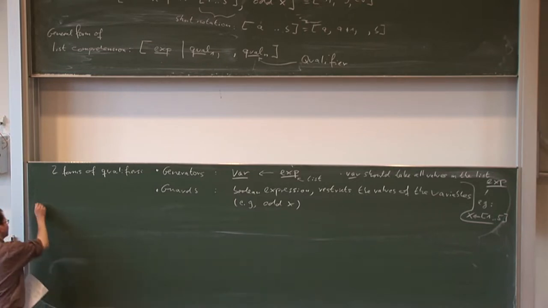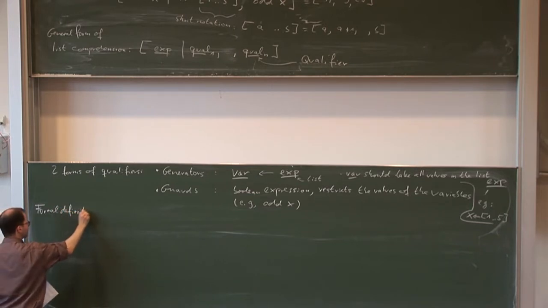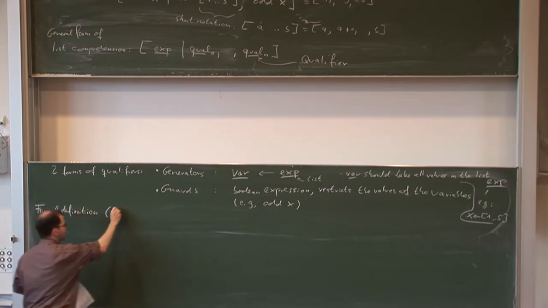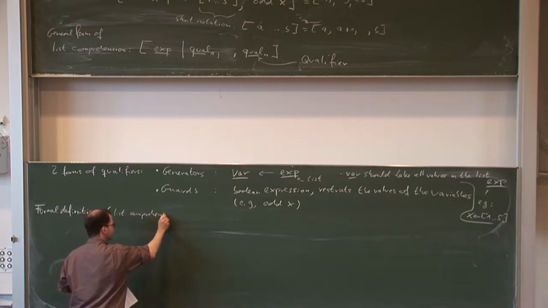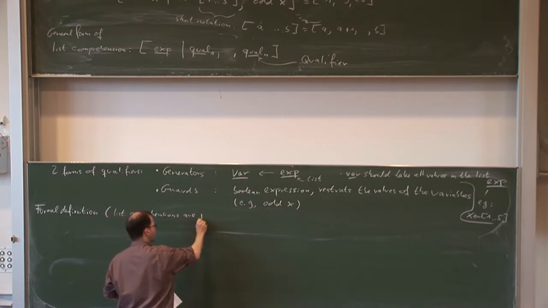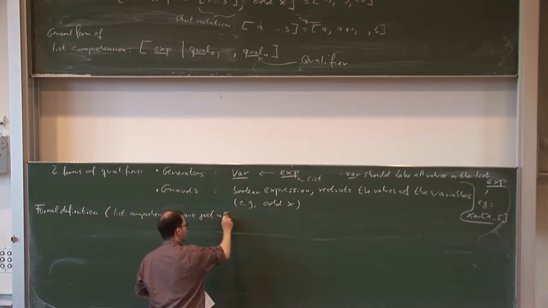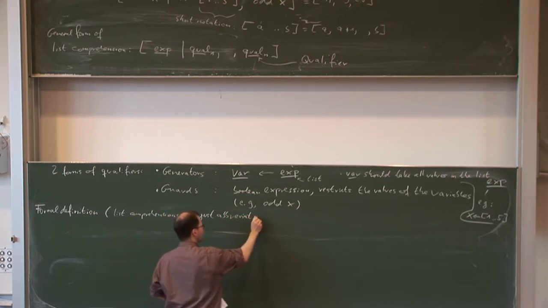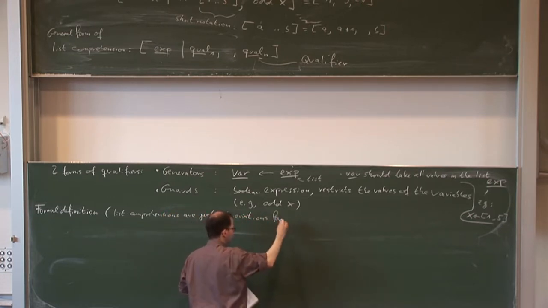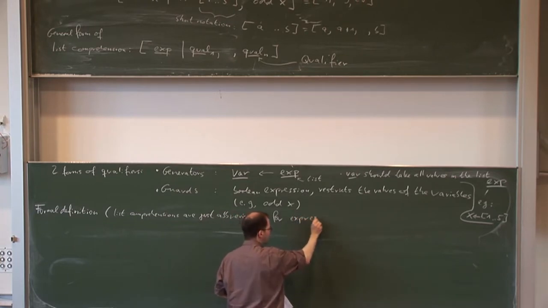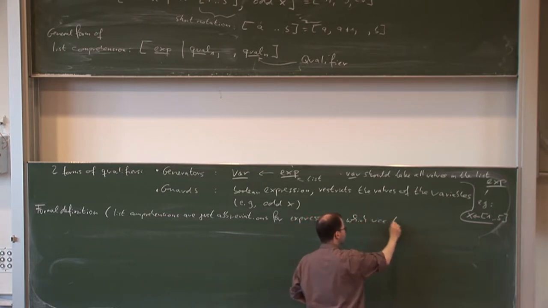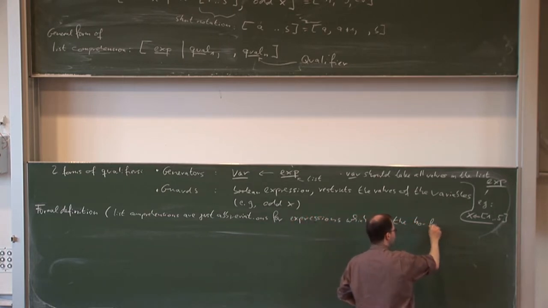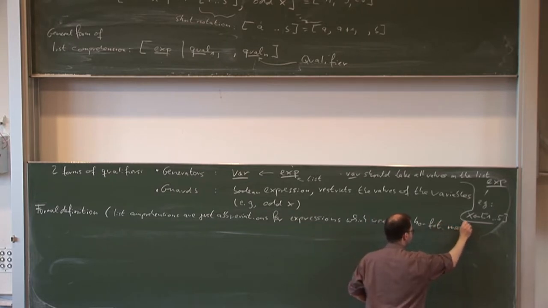So the formal definition is as follows, and it shows that list comprehensions are really just abbreviations for normal expressions which use the higher order function map.